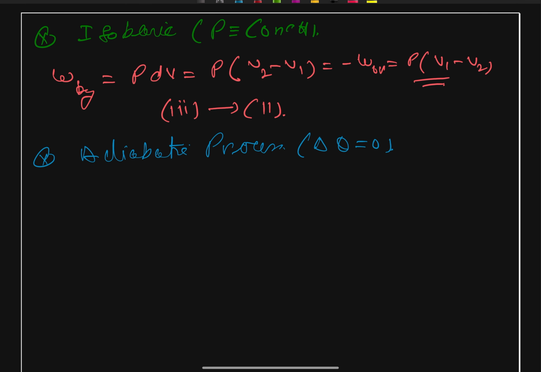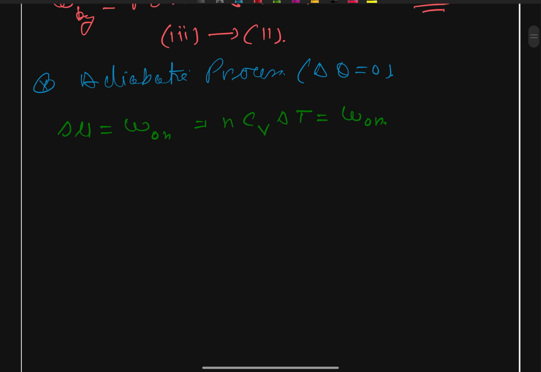So from our first law of thermodynamics we can say our delta U will be equal to the work done on the system, and we know our delta U is n C_V delta T. So we can write n C_V delta T as the work done on the system.